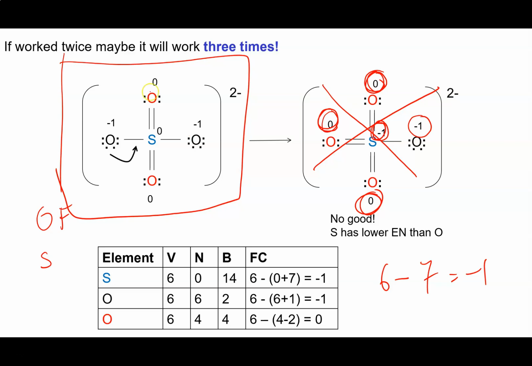So for sulfate anion, expanding the valence shell of the central atom improves the formal charges, and this is closer to the real structure of sulfate.